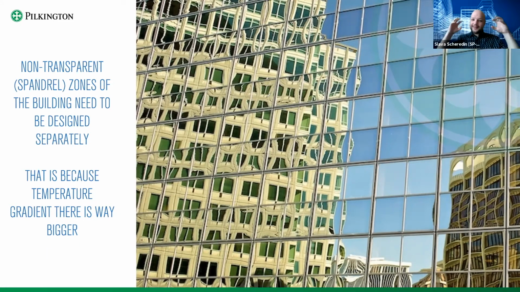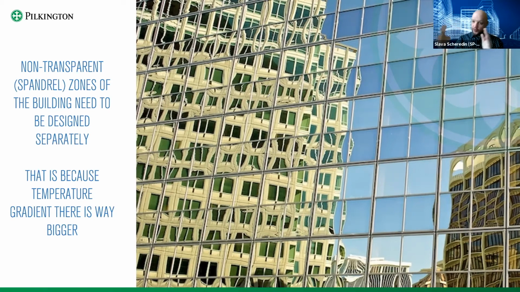The IG unit gets heated by the sun, and remember there's painted glass inside, so it absorbs a lot of heat. If you heat it too much, you need to drop the heat out. But non-transparent spandrel zones usually cannot drop the heat because inside there is heat insulation.